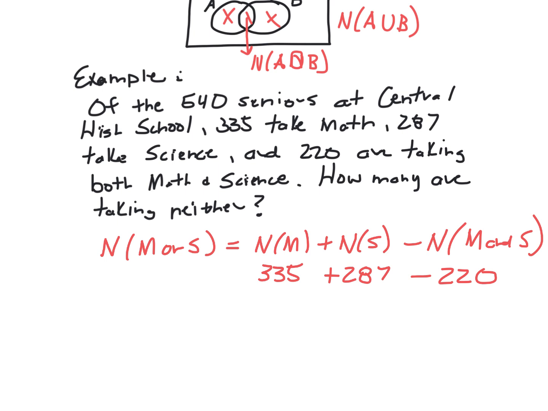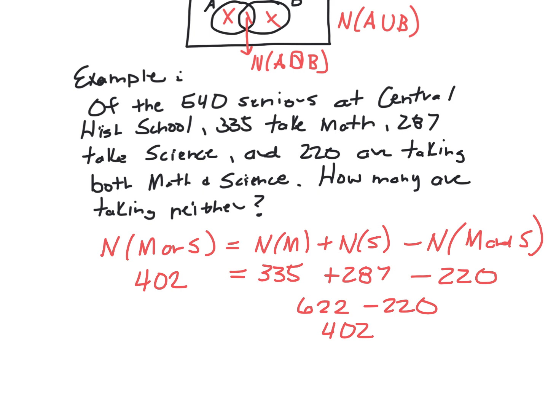If we do this math, 335 plus 287 is 622, minus the 220 would be 402. So that would be the union of these 540 seniors. 402 of them would be taking a math or a science class.